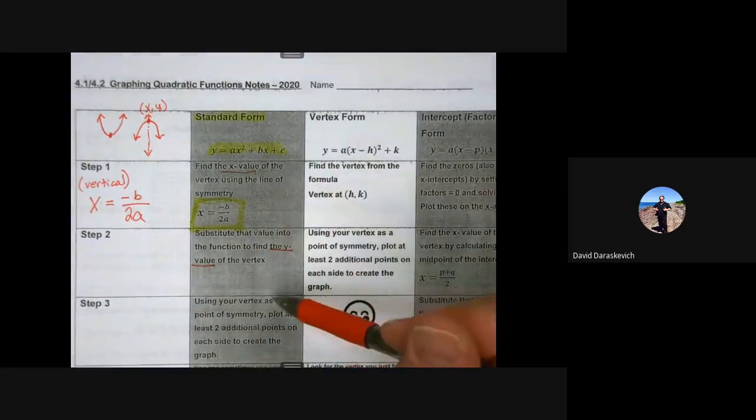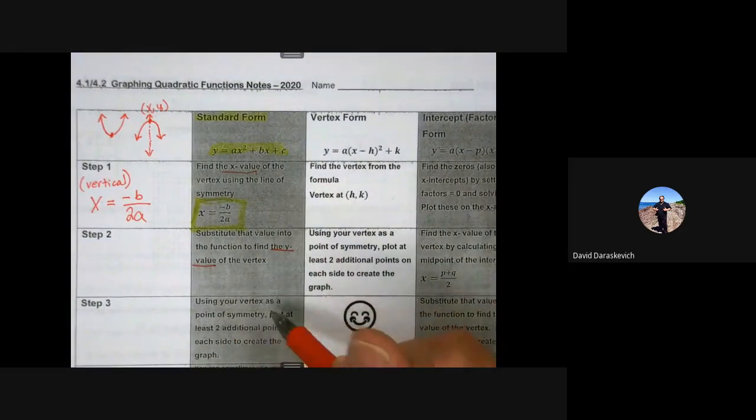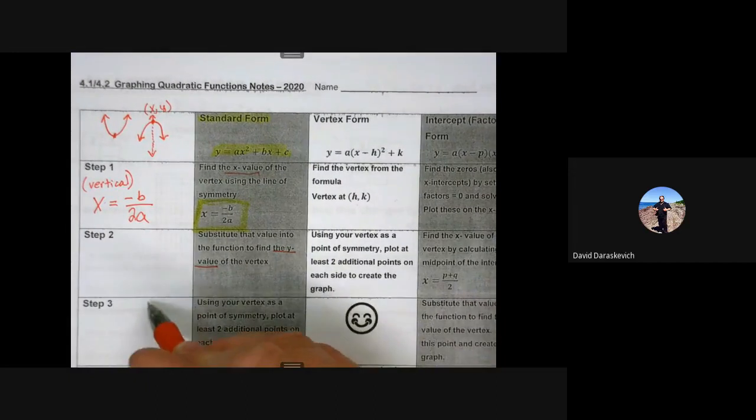Then you use your vertex as a point of symmetry, plot at least 2 additional points on the side to create the graph. In other words, you're going to be using that T chart there. You have x and y. You're going to find the vertex, x comma y, and then you're going to choose 2 numbers.